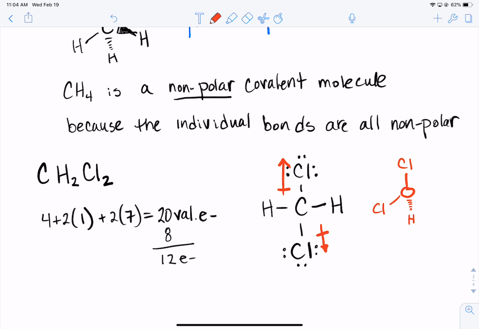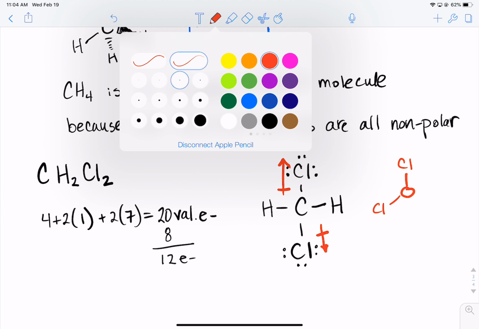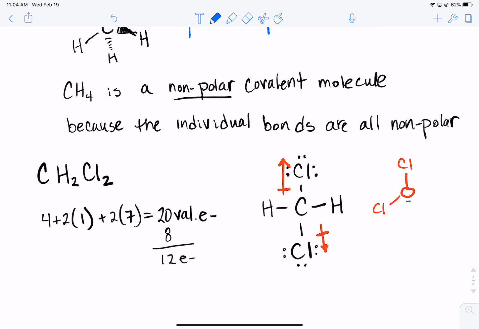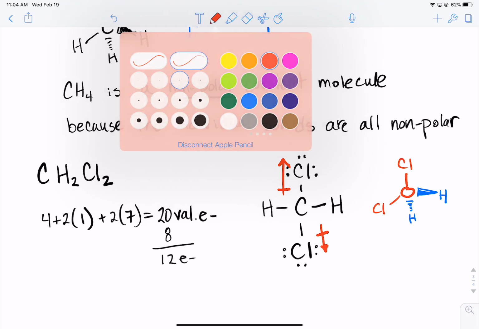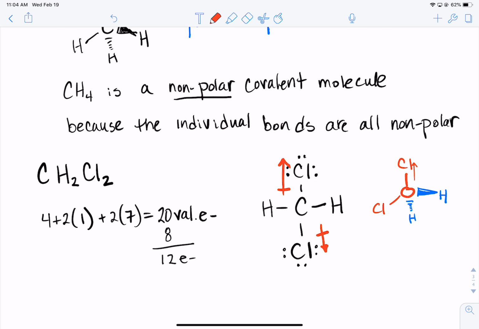Here, I'll draw it in a different color. That way we can see it. So the hydrogens look like that. So if you're looking at the dipole, it's being pulled this way and being pulled this way. It's almost like in a bent fashion.